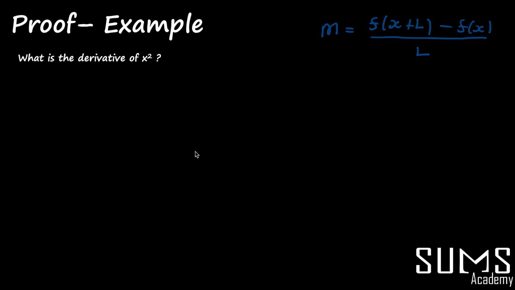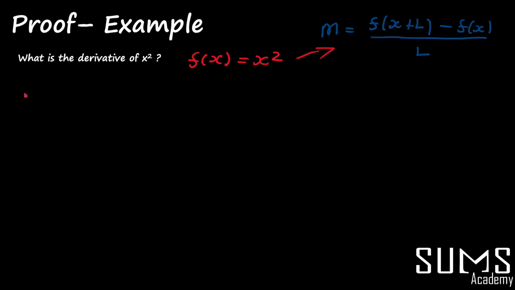So I'm just going to show you an example of using this formula for the derivative with a real example. So what is the derivative of x squared? In this case we have f of x is equal to x squared. So we'll just plug this straight into our gradient formula.